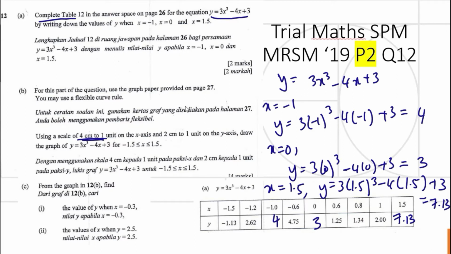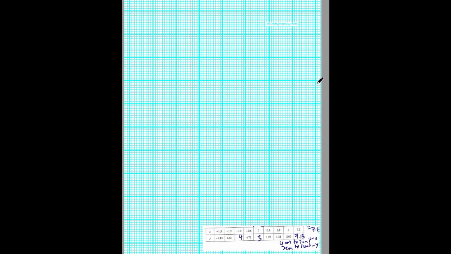For the scale, we see here 4 cm to 1 unit, and then we have 2 cm to 1 unit. This one is the x-axis and this one is the y-axis. On the y-axis we have from -1 to 7, and on the x-axis we have -1.5 to 1.5. So 4 cm to 1 unit means 2 cm is equal to 0.5 unit on x.